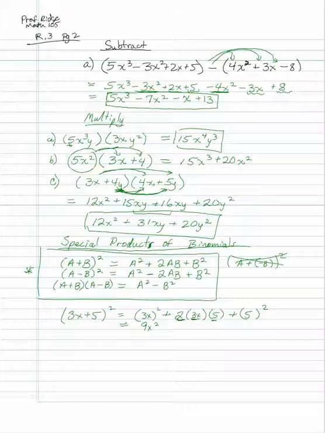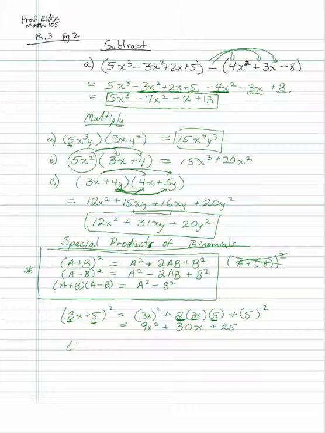Or I can go 2 times 3 is 6, times 5 is 30. Or 2 times 5 is 10, times 3 is 30. And then attach the letters. Typically what I do is I go 3 times 5 is 15, then double it because of the 2 from the formula. That gets me 30. And then 5 squared is 25. So I want you to be able to do it that quickly.